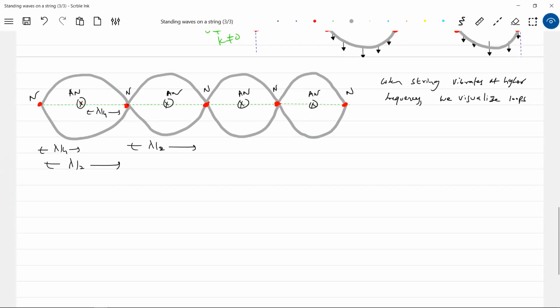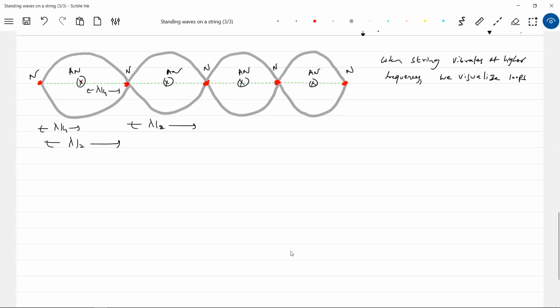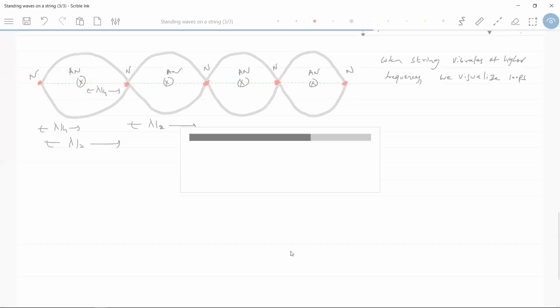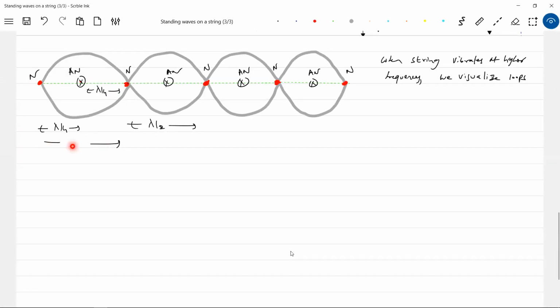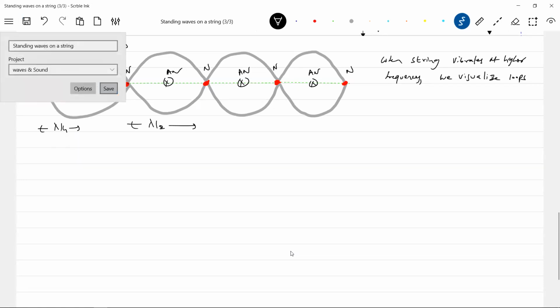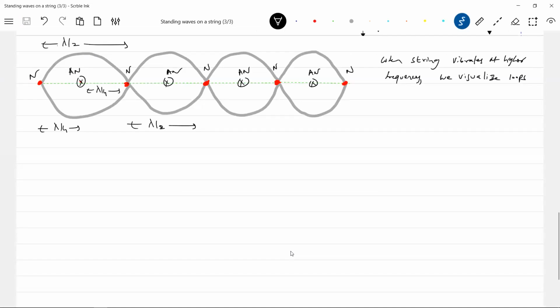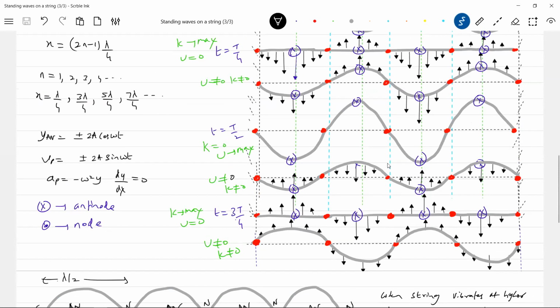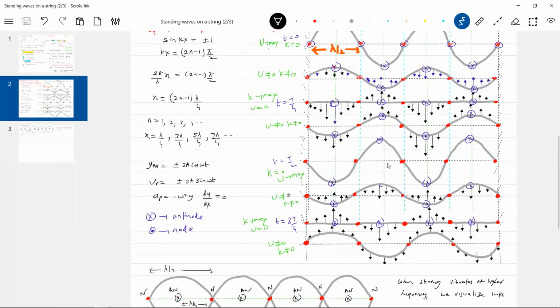Okay, let's summarize all the points one by one, because this is something very important. Lambda by 2, I'll write it on top. Anybody having doubt, please do clarify. Then I'll summarize the points. I'll write them down so that it will be easy for you. If you have any doubt, you can clarify.